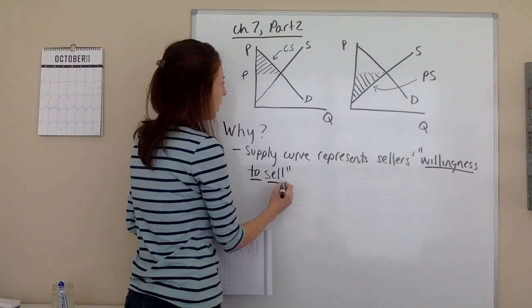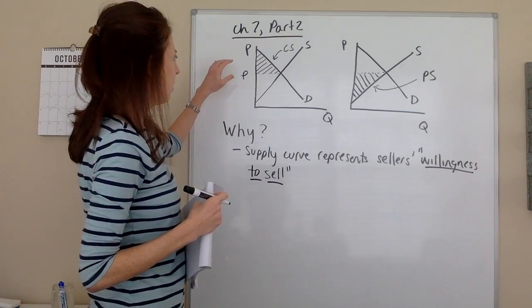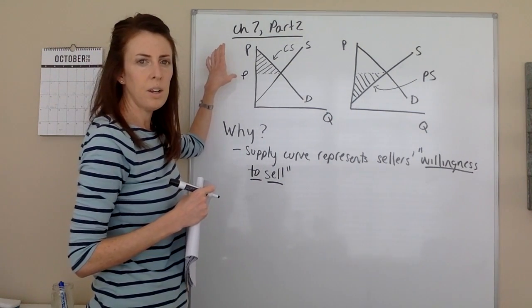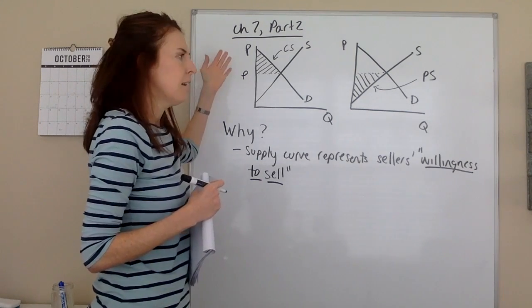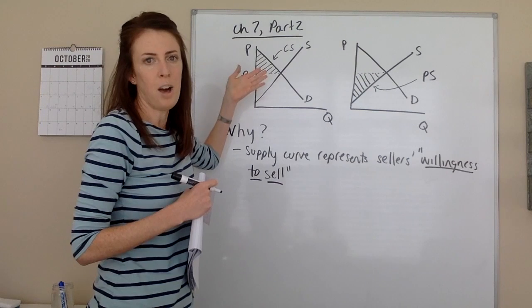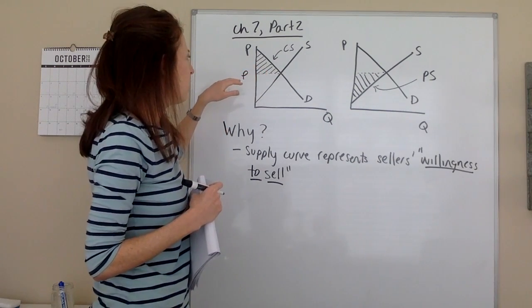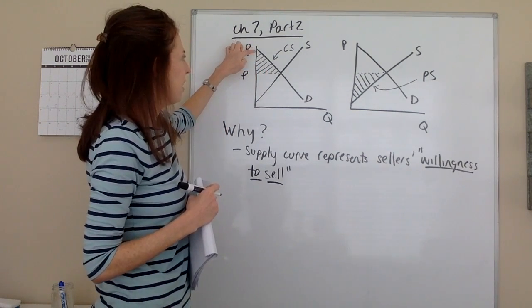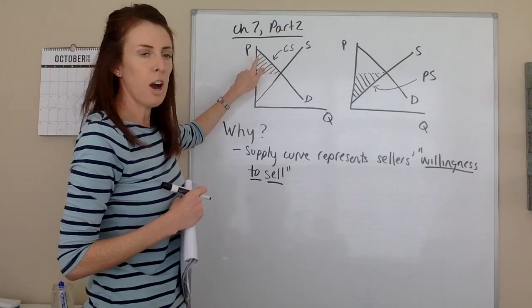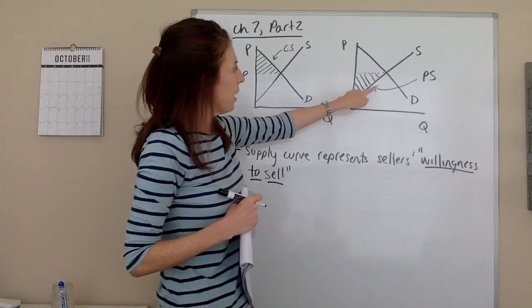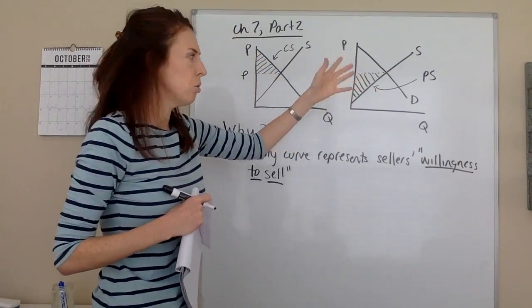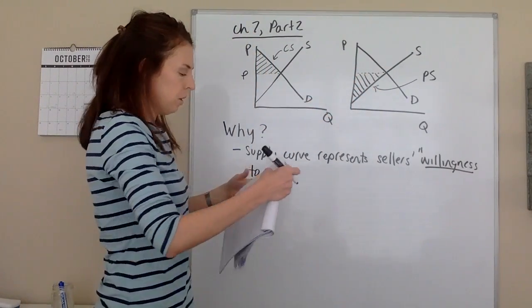When we were thinking about consumer surplus, we said it is very related to willingness to buy. The example I gave you was my willingness to pay for a cup of coffee at different times of the day, and that led to a demand for coffee, which was based on my willingness to buy. Now the supply curve is going to be related to a seller's willingness to sell.